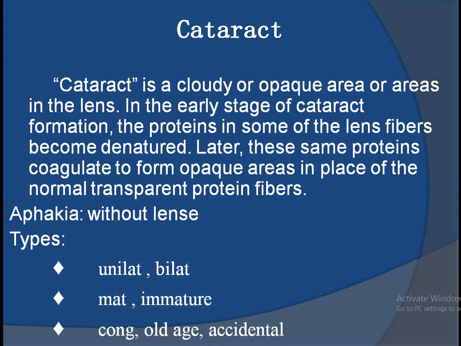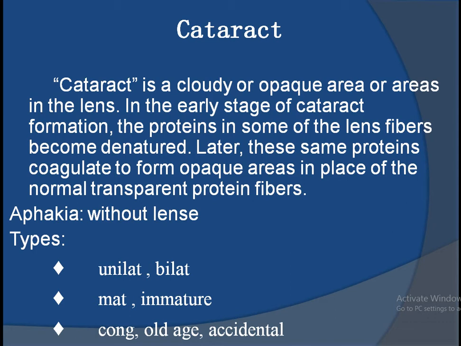So this is the whitish portion in the pupil because of the change in the lens, which becomes opaque. Through the pupil you see an opaque lens, rather than the transparent lens.